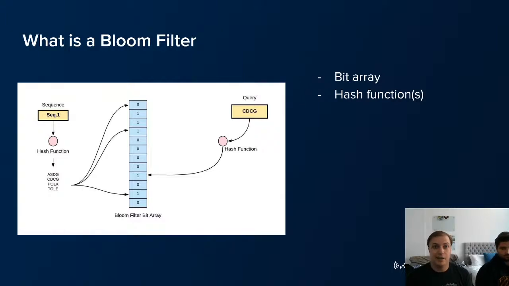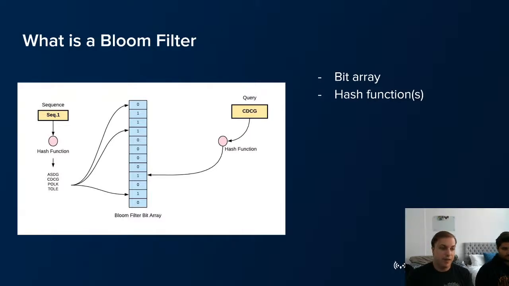When we get that same message ID back and put it through the same hash function, we get the same number and say, oh, we've already seen this one before.